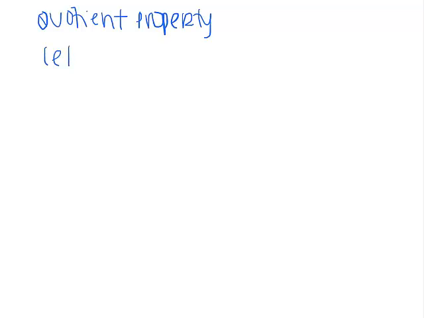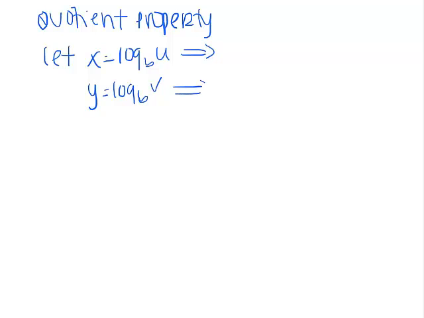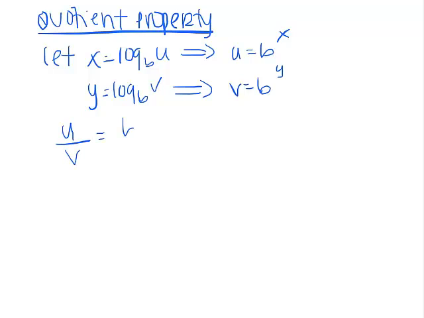We're going to let x equal log base b of u and y equal log base b of v. So, by definition, u equals b to the x and v equals b to the y. Okay? Now, since this is the quotient property, I'm going to divide them. So, u divided by v equals b to the x divided by b to the y.